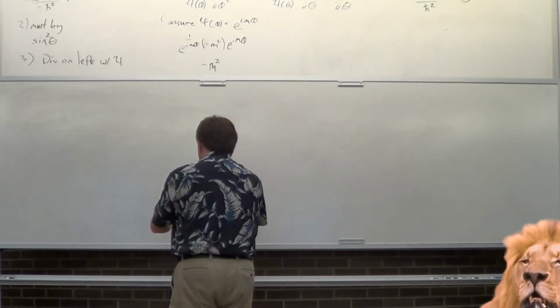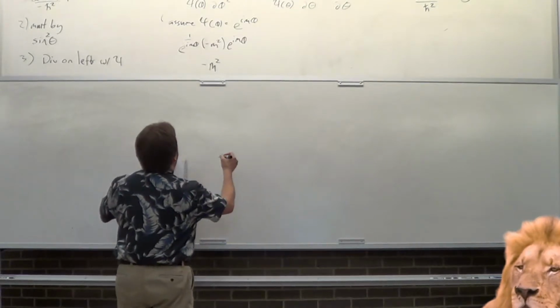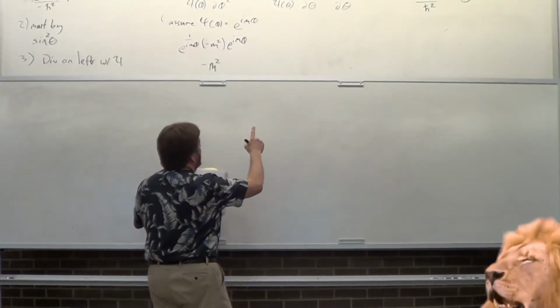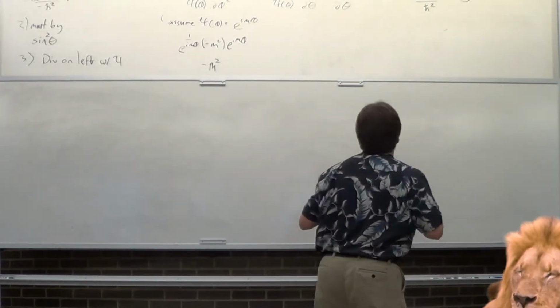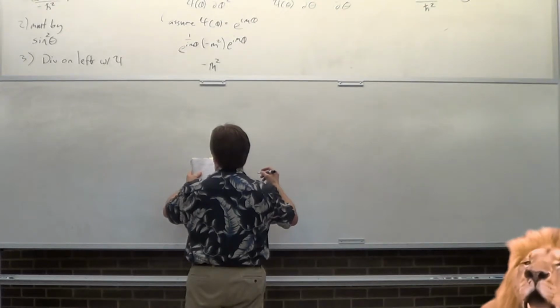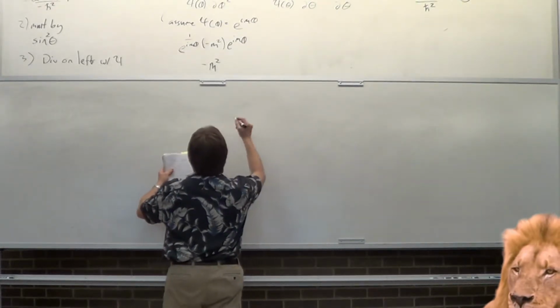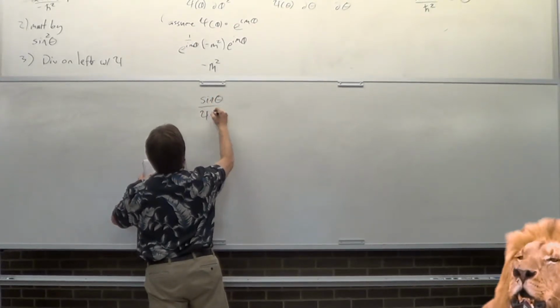I'm actually kind of confused where I'm at. Okay, so what I'm going to do is bring this minus m squared over to the right. Where am I in my own notes? Okay, here's what I'm going to do. I'm writing this all over again.